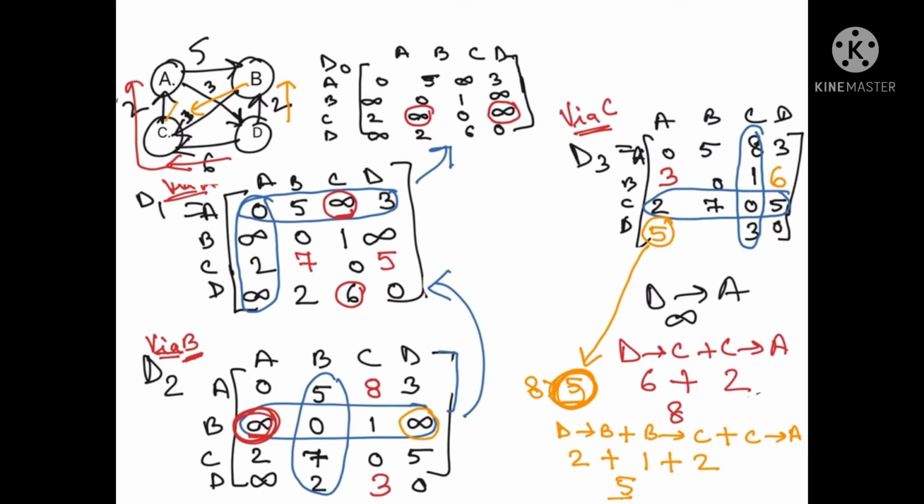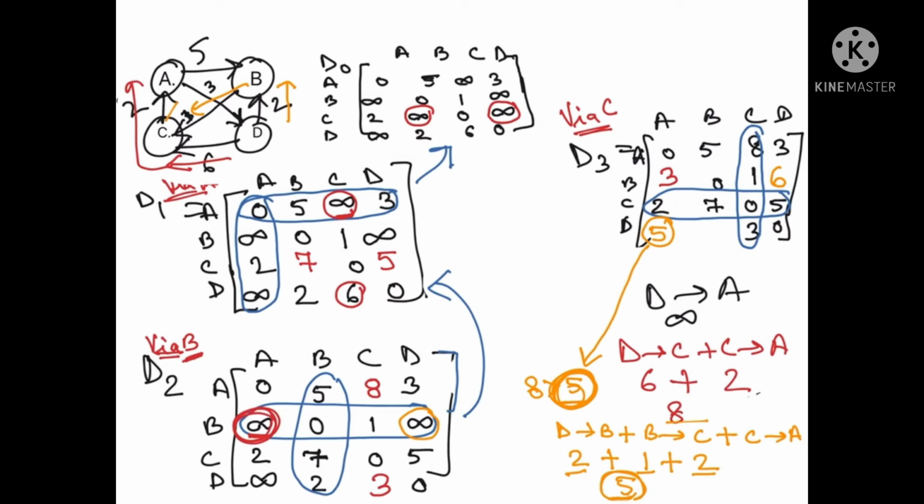Very, very important thing. Once again, if we go D to C and C to A, then 6 plus 2 is how much? 8. And if we go the other path, D to B, B to C and C to A, this becomes 2 plus 1 plus 2, which is equal to 5. We have to talk about the shortest path.